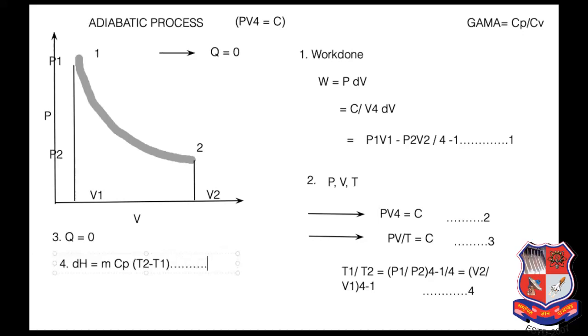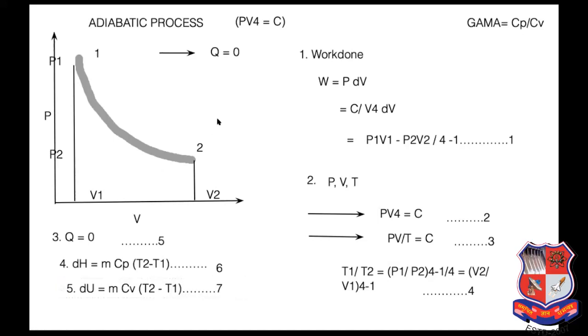One by one you have to give the equation numbers: this is equation number 5, this is equation number 6. And the last one, fifth, is dU, the change in internal energy. As we know, it is m Cv (T2 minus T1). So it is equation number 7.